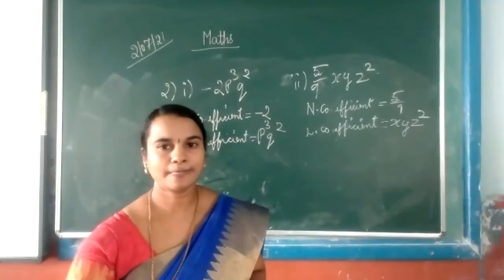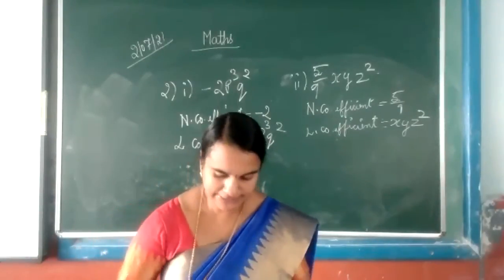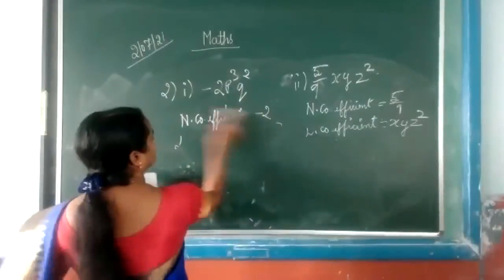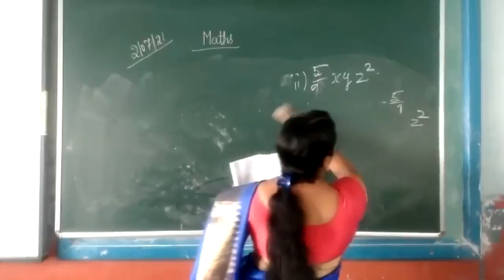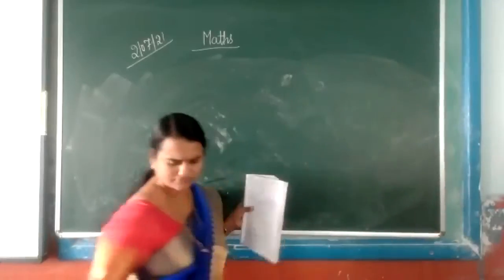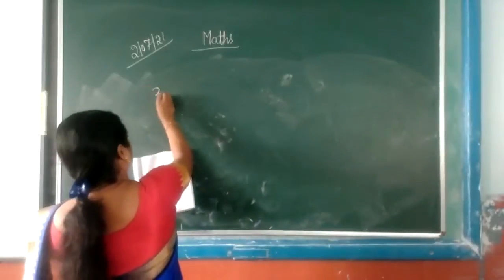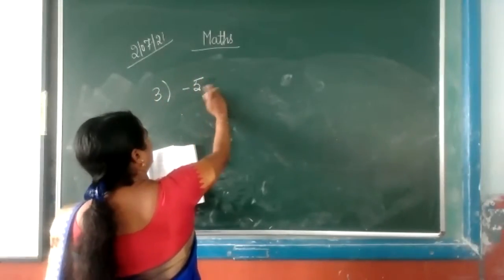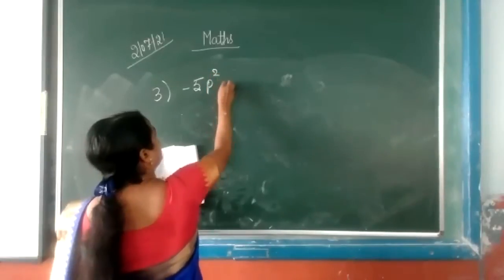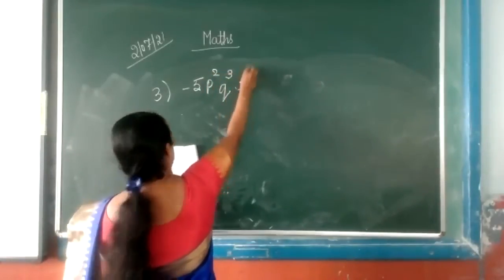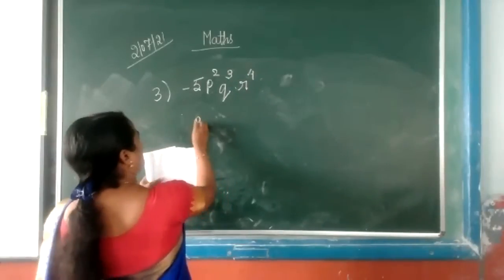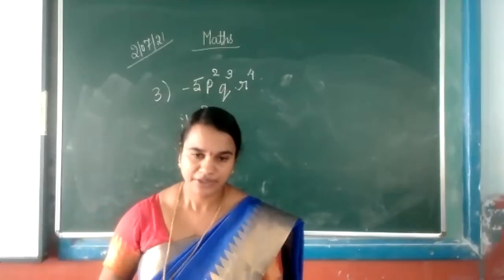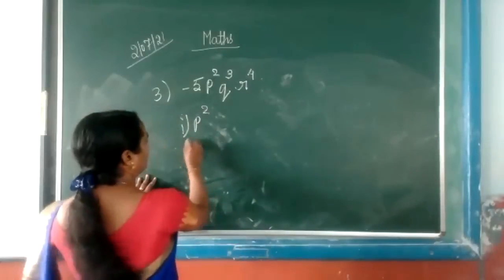Can I rub now? Now, third main. Minus 5 p square q r to the power 4, and they asked us for p square. In the first question they asked us to find the coefficient.